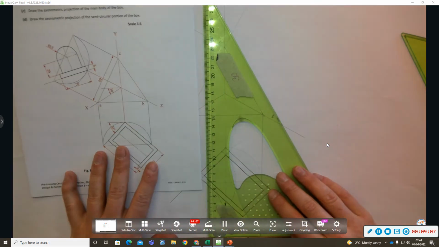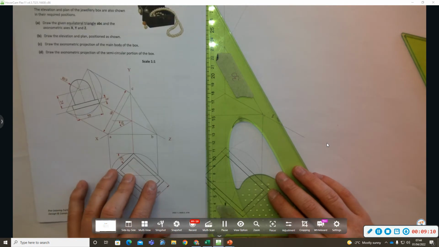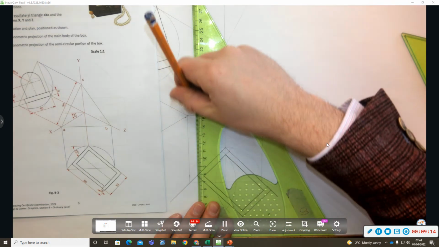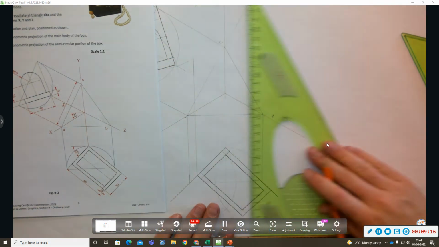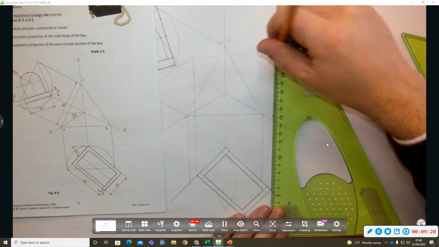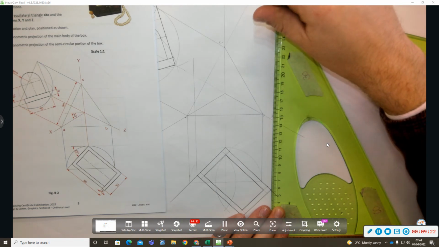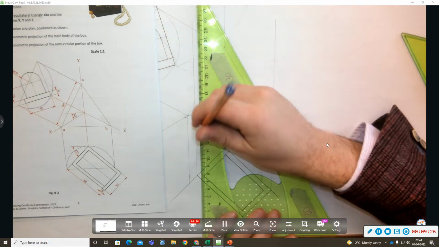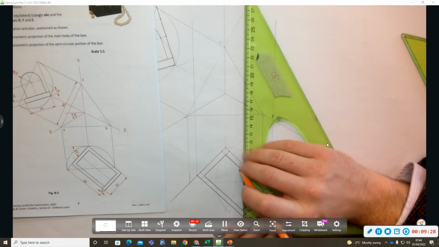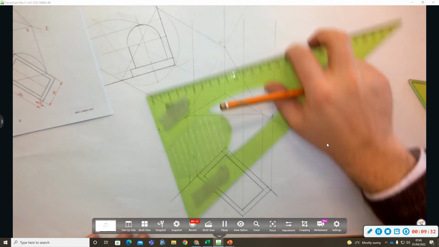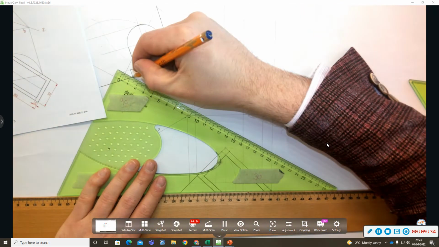So we're on part C then, complete, draw the axonometric projection of the main outline of the body. Okay, so I'll just bring them up. These down.